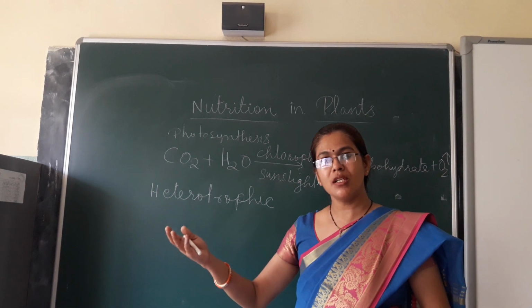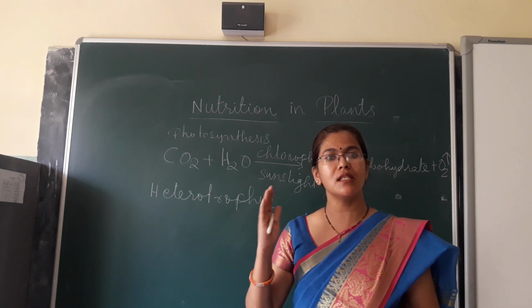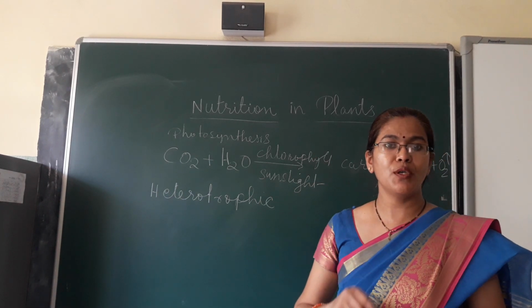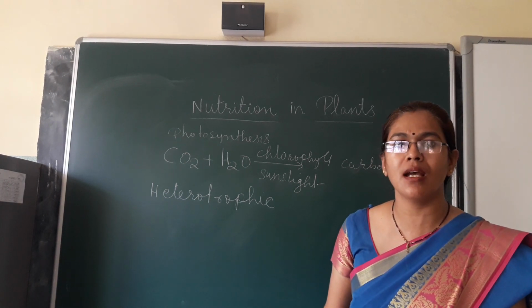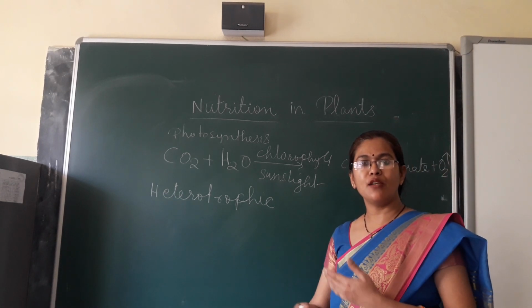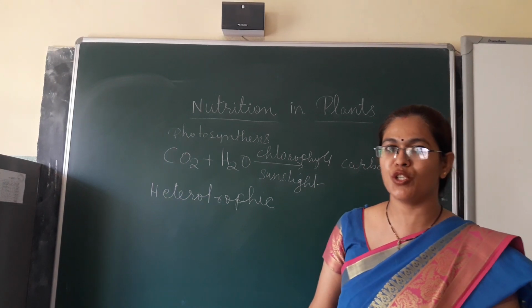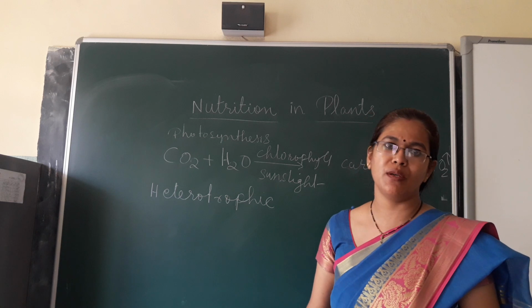Nitrogen can be mixed with the soil with the help of nitrogen-fixing bacteria present in the root nodules of leguminous plants. Leguminous plants means pea, gram, chana, moong, etc. So this way nitrogen replenishment happens in nature, and phosphorus etc. we put on the soil manually.